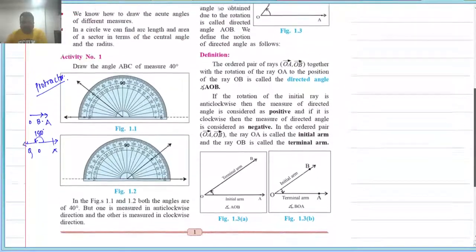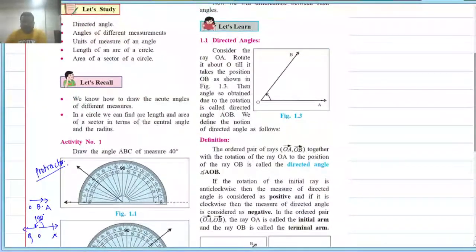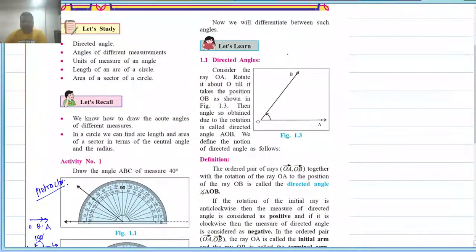Okay, but we are going to look at some other angles now. First is directed angle. So let's understand what is directed angle. The ordered pair of rays OA bar and OB bar.